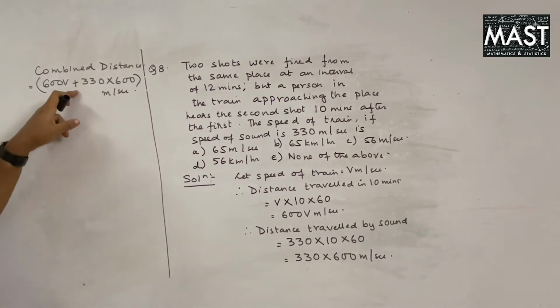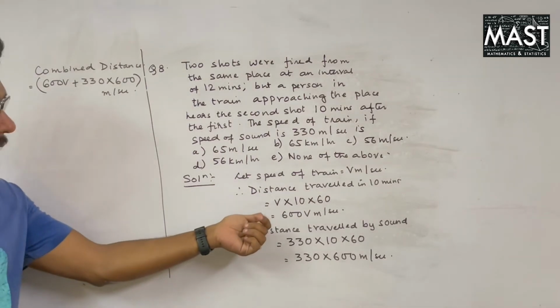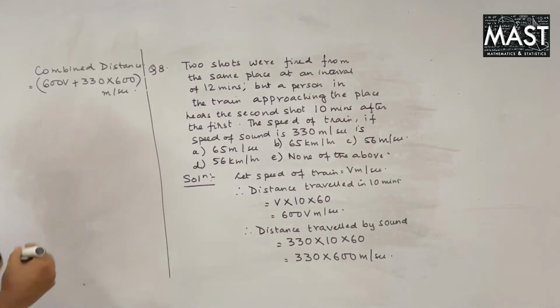So this is the combined distance. The combined distance is found by adding the distance travelled by the train in 10 minutes and the distance travelled by sound in 10 minutes.